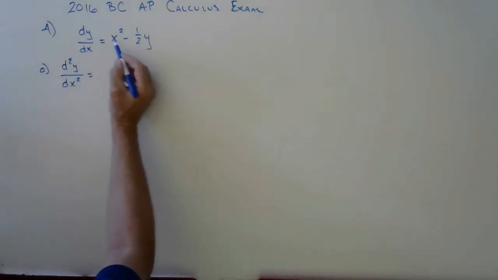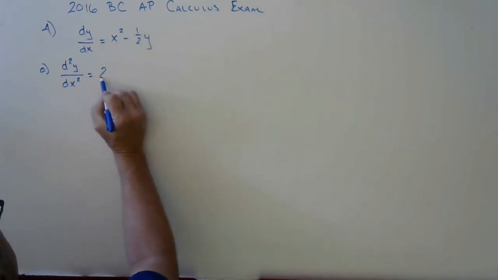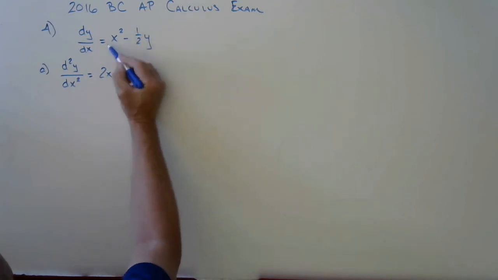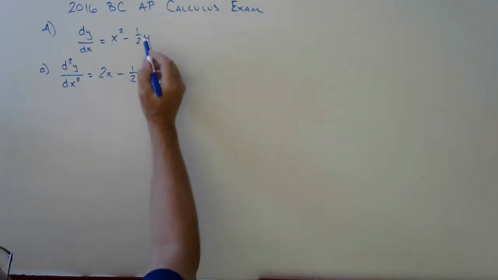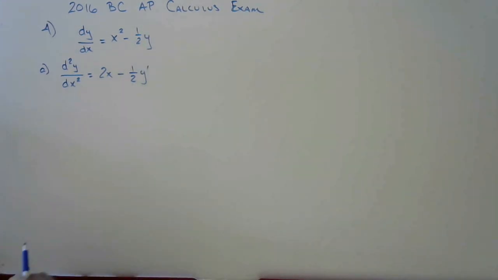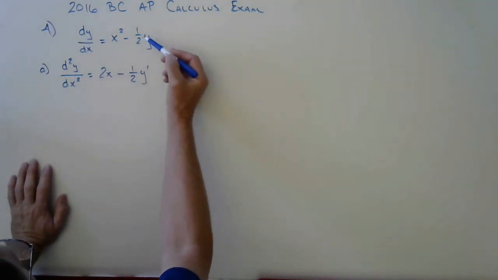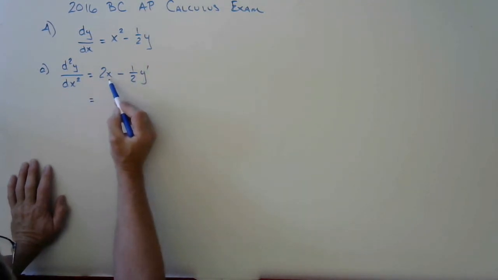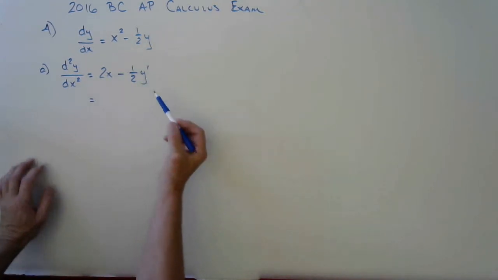To do that, of course, we're going to take the derivative of the first derivative. The derivative of this is going to be 2x minus, now we're differentiating with respect to x, so that's 2x minus 1/2 y prime, right? Now, from there, we're going to have to substitute in y prime. Because the instructions said find the solution in terms of x and y, and we have it in terms of x and y prime.